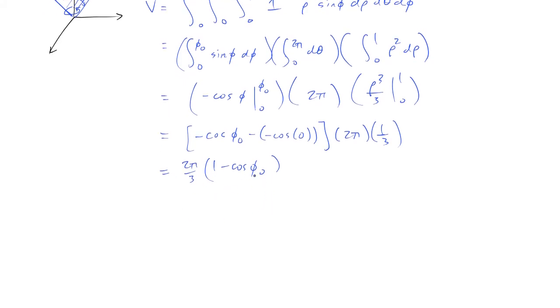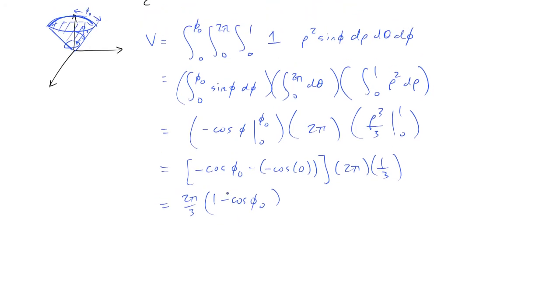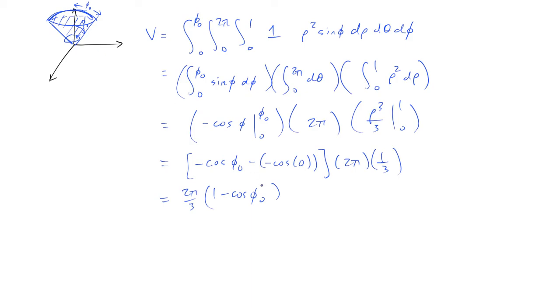And a good thing to do here, since we have this phi naught parameter, is to put in some phi naughts that make sense. So if we put in phi naught is 0, what kind of shape will we have? Well, we'll have no volume at all because phi will go from 0 to 0. So we'll just have this little stick which has no volume. That checks out because if we put phi naught 0 in here, we'll get 1 minus 1, which gives us 0 volume.